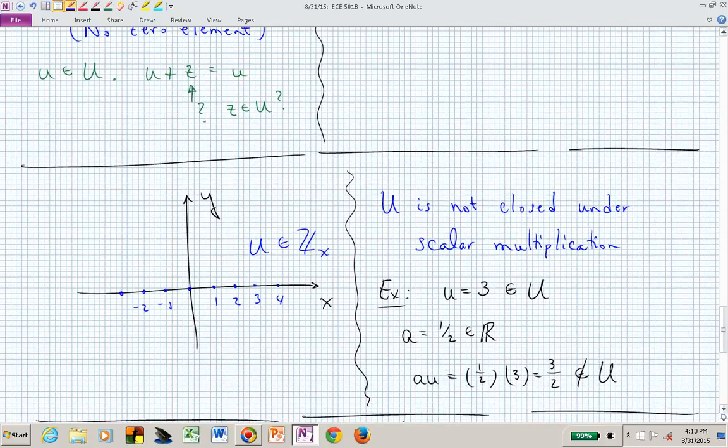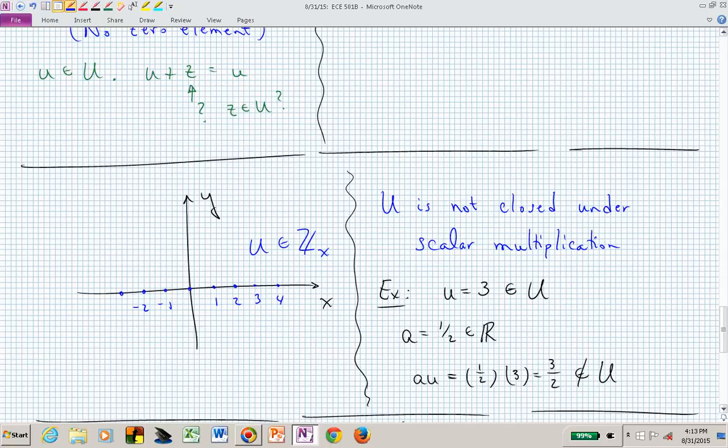And here is another one, a little bit less complicated than the one where I have all two-dimensional integer values. Now I'm just saying, suppose U is the subset of integers on the x-axis. That's obviously a subset of R2, but it does not form a subspace because it's not closed under scalar multiplication.